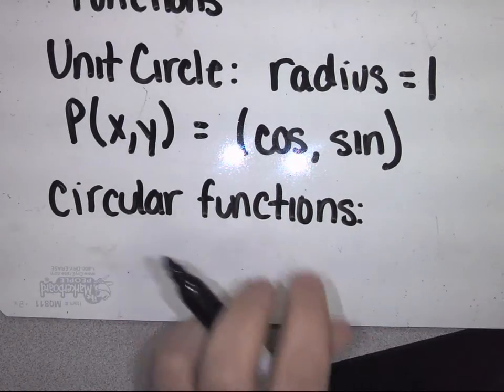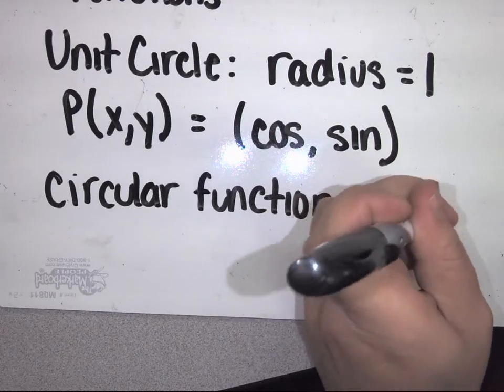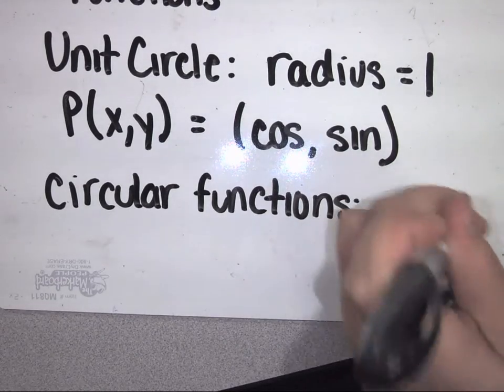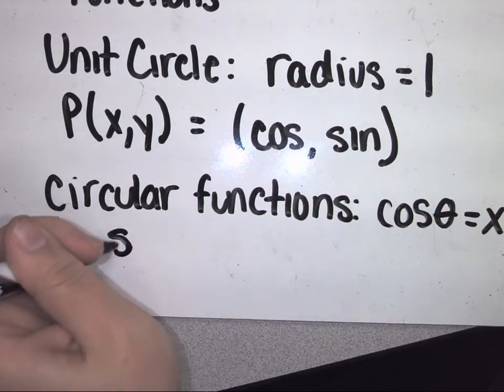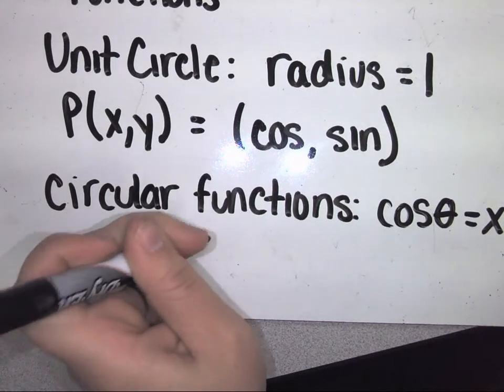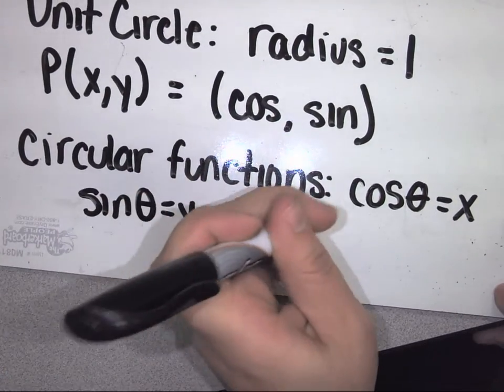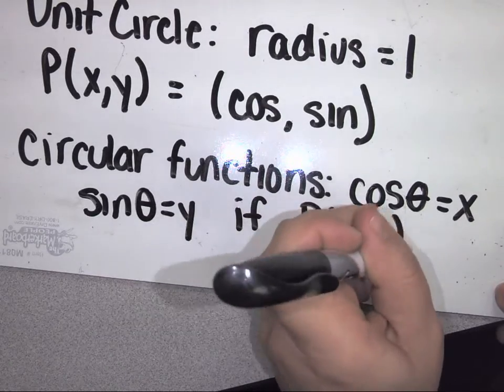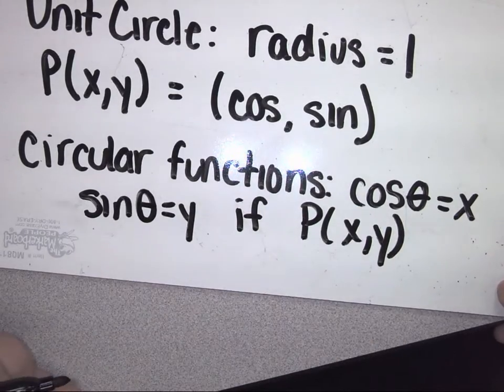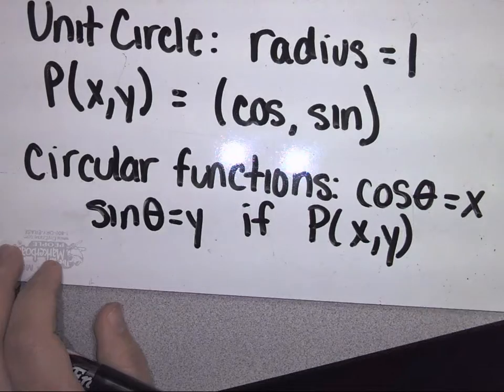And what that means is it literally means cosine of theta equals x and sine of theta equals y. So if you're given a point, you know the answer.